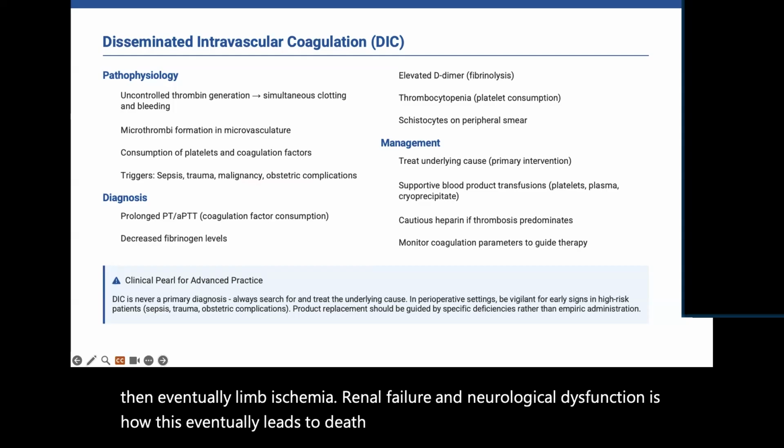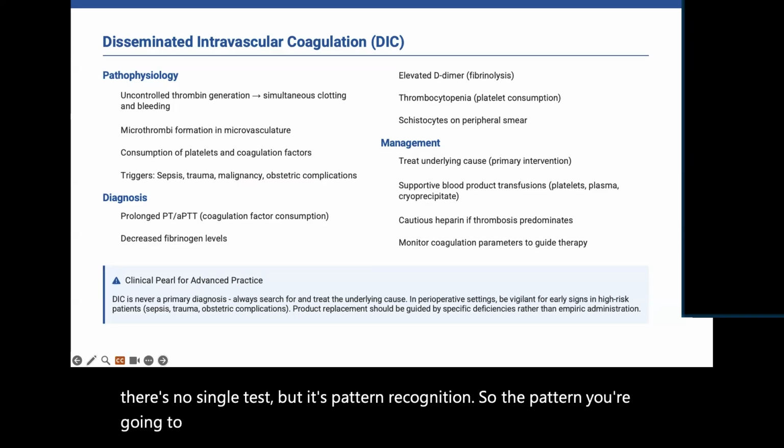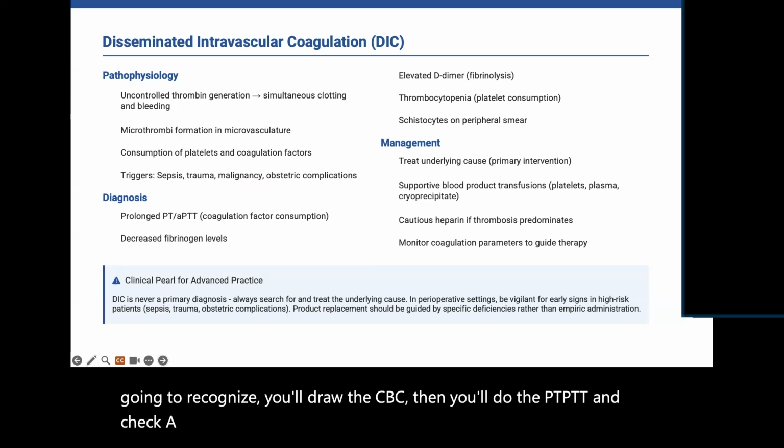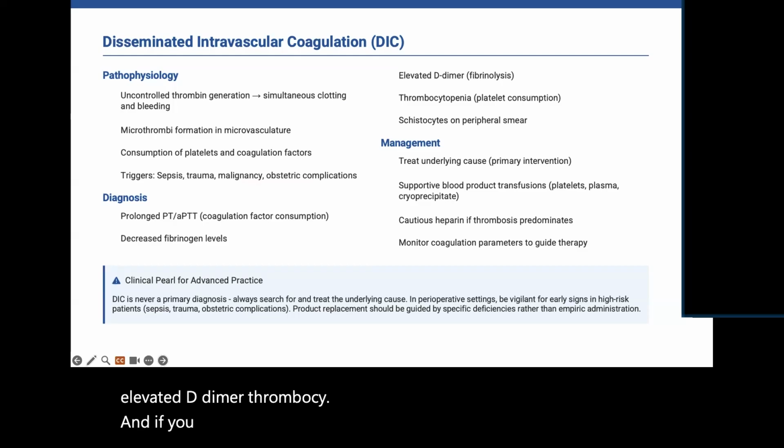And the way this is diagnosed, because there's no single test, is pattern recognition. So the pattern you're going to recognize, you'll draw the CBC, then you'll do the PT-PTT and check a fibrinogen. So if the prolonged coagulation, low fibrinogen, elevated D-dimer, thrombocytopenia, and if you happen to do a smear, you'll see schistocytes, there's your diagnosis.